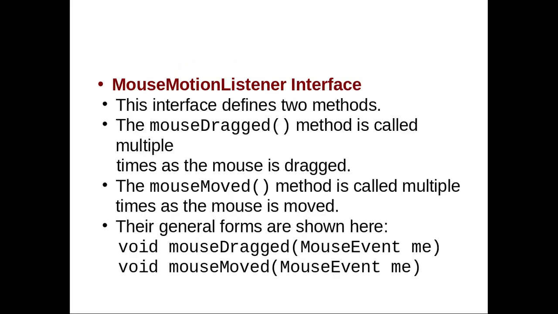Mouse motion listener: this interface has two methods. Mouse motion means either it is dragged or moved. If it is dragged, the mouseDragged method is called, and if it is moved, the mouseMoved method is called. These are the two methods that have to be implemented.